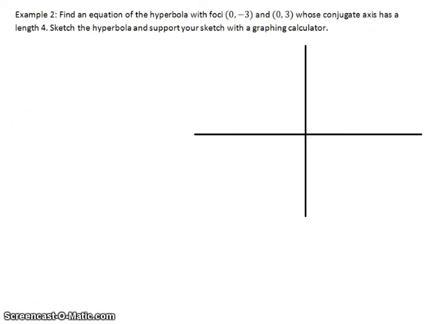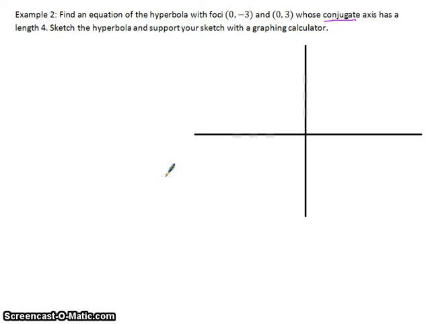For our second example, we want to find an equation of the hyperbola with foci at (0, -3) and (0, 3), whose conjugate axis has a length of 4. Sketch the hyperbola and support your sketch with a graphing calculator. Well, I recall now that we have not talked about the conjugate axis.